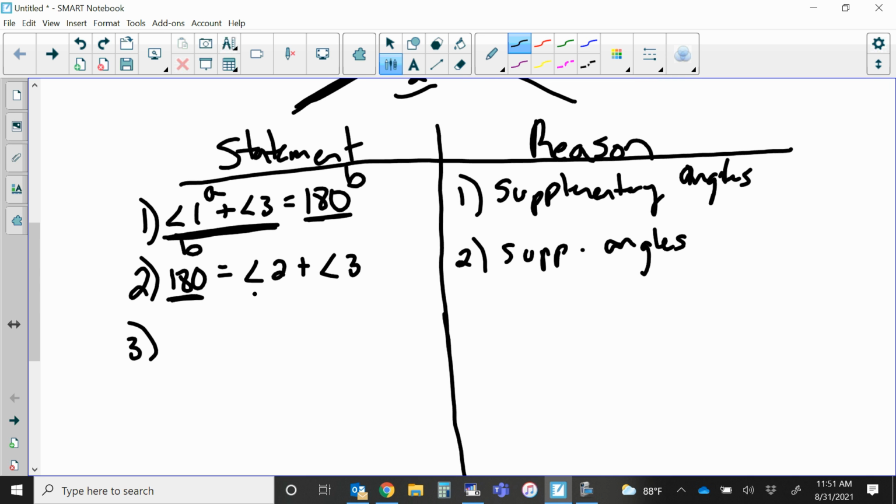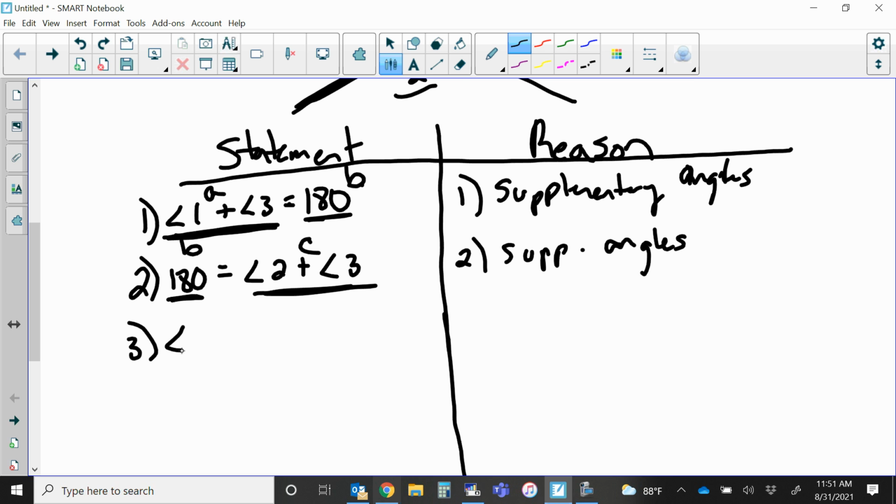And then what is the 2 plus 3 representing? C. Do I have A equals B and B equals C so far? Then what can you tell me, because I have A equaling B and B equaling C, what can you tell me? A equals, but it's not A and C, it's what?